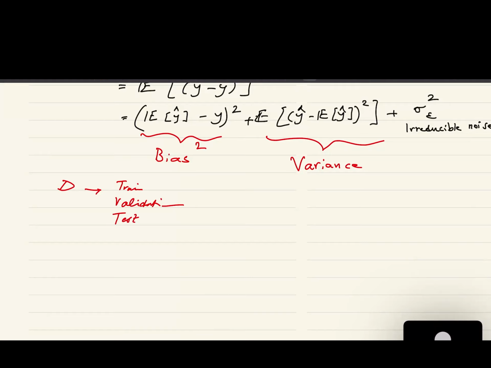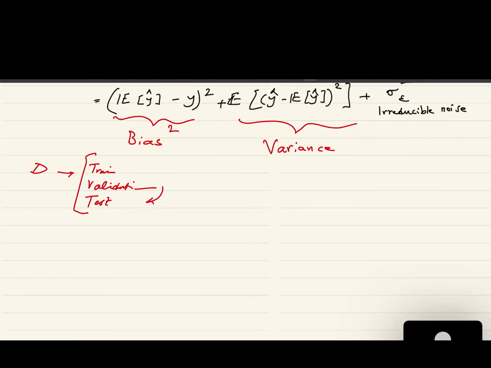We allow the model to see the training data completely, and we use the validation data to decide the trade-off between bias and variance, and hope for the best. When the model is deployed on the test data, which it has not seen, it will perform the best. That's how we usually deal with data splitting.